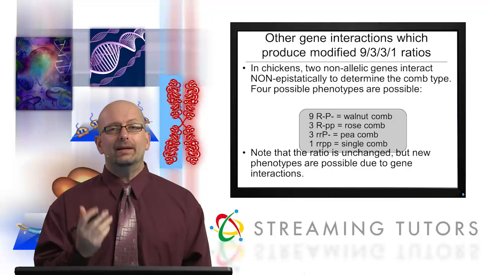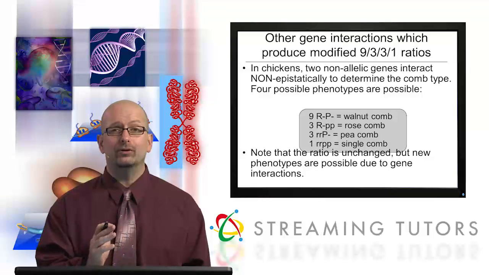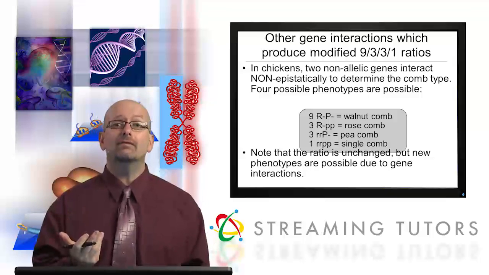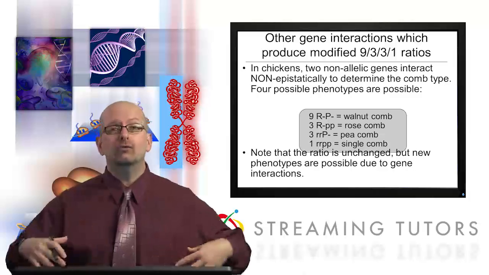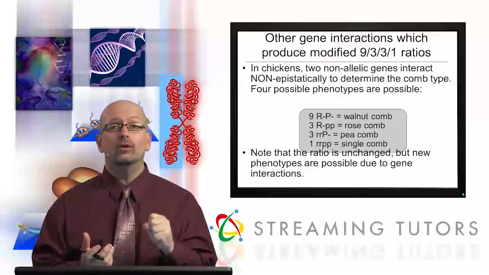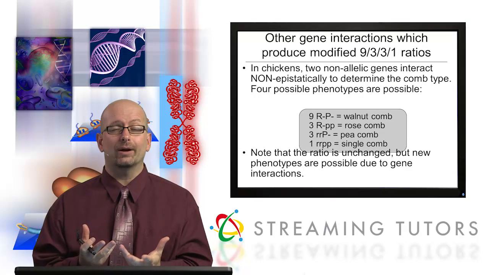So I'm going to give you two more examples. There are more of those other types that involve epistasis, but I'm going to show you two rather quickly that do not involve epistasis but still involve gene interactions. Epistasis implies that one gene is sort of interfering with the other's activities, right?